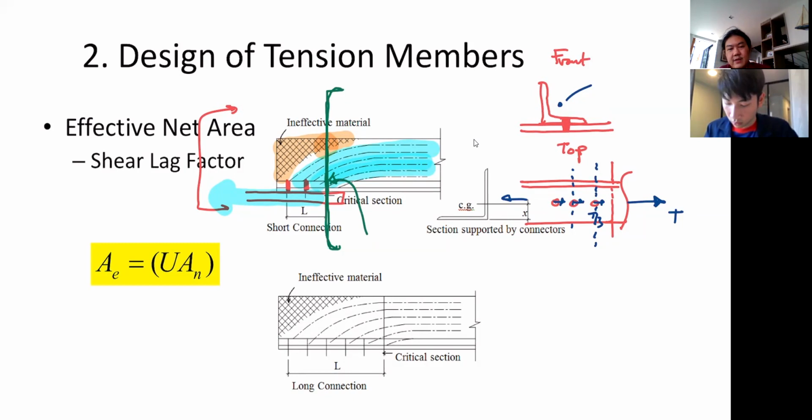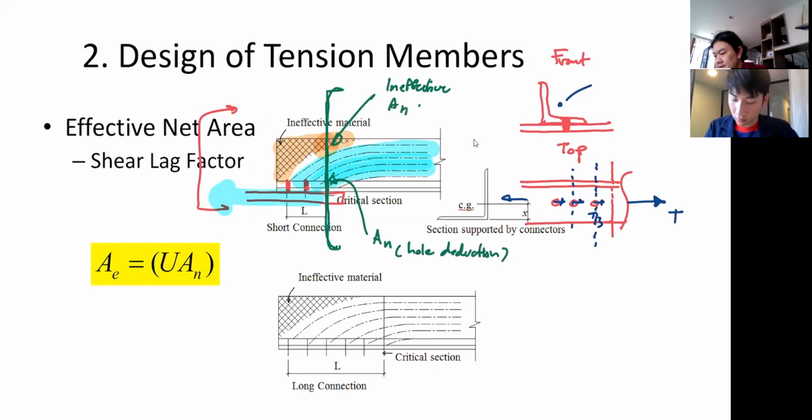So you deduct the area due to the hole, and then you have the net section, hole deduction. You also have this ineffective area as well. So A net is further reduced.